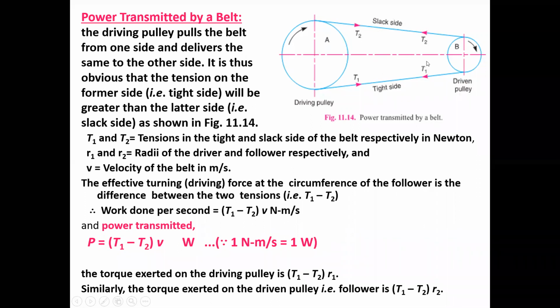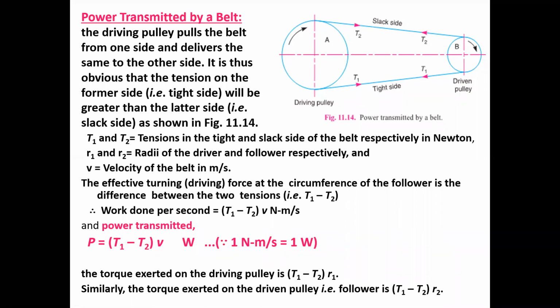The radii of the driver and driven pulleys are R1 and R2, and the velocity of the belt is V.